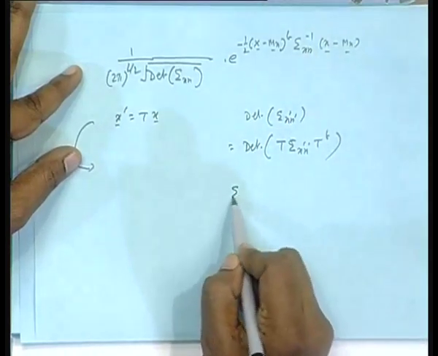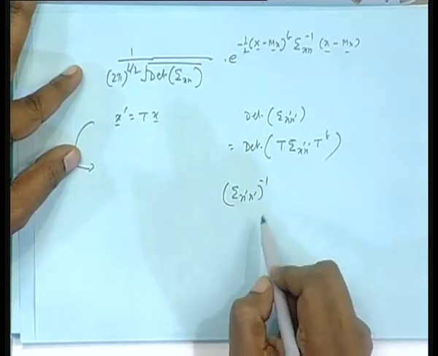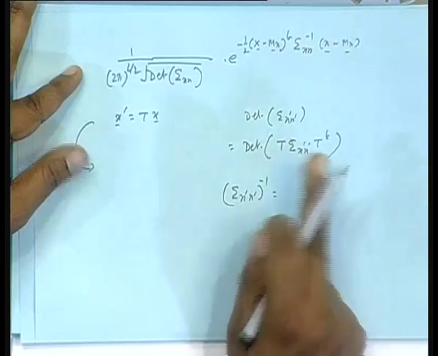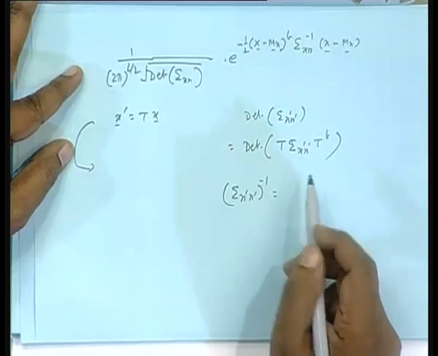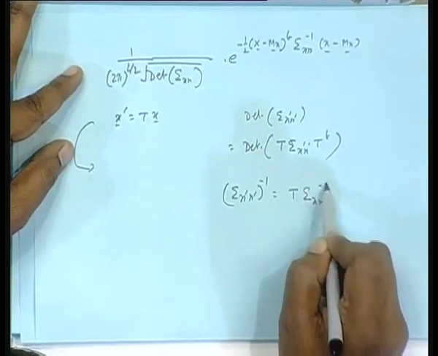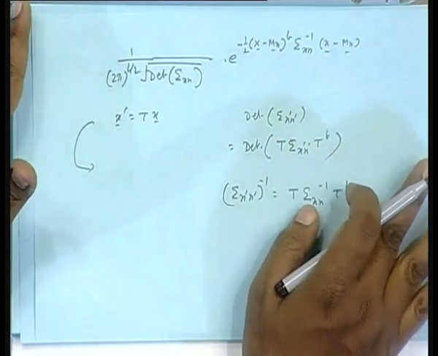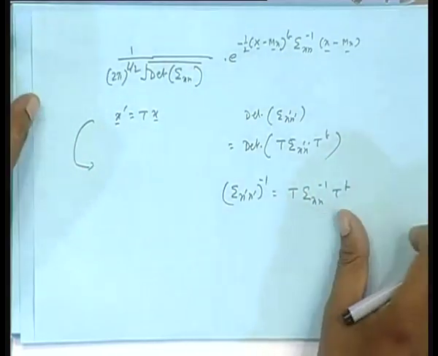You will have another term, no? Sigma x prime inverse, that will be what? Replace sigma x prime by this, take the inverse. So, T transpose inverse will come first, T transpose inverse is T. This will come. I do not need this for our analysis, it is just something I am telling you off the cuff. Okay.